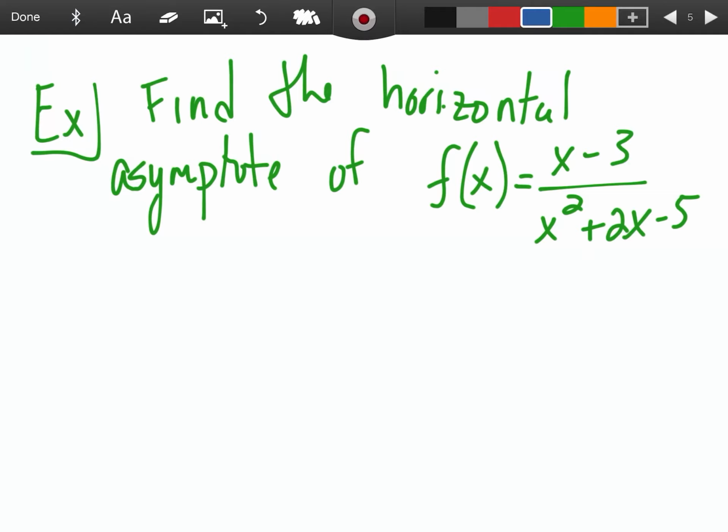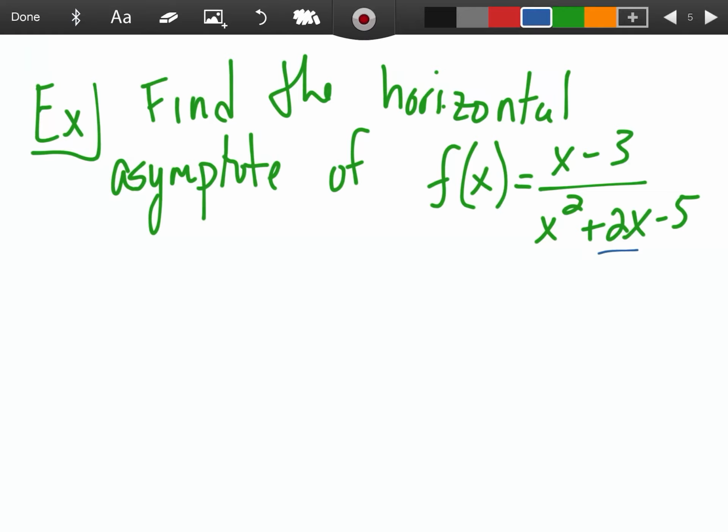No, right? 1 billion minus 3 gives me 999 million and change. It's still an incredibly large number. Same thing in the denominator. If I plug in 1 billion and I square it, that's going to be so much greater than just 2 times 1 billion, right? 1 billion squared, all of a sudden now it has 18 zeros instead of 9 zeros. And then the minus 5, that's not going to matter.